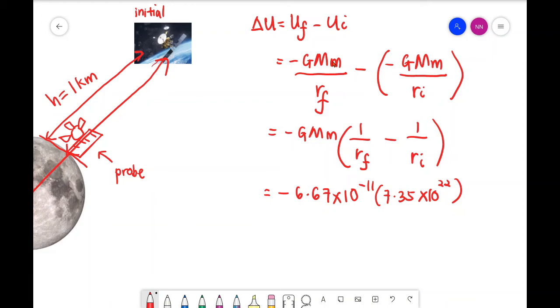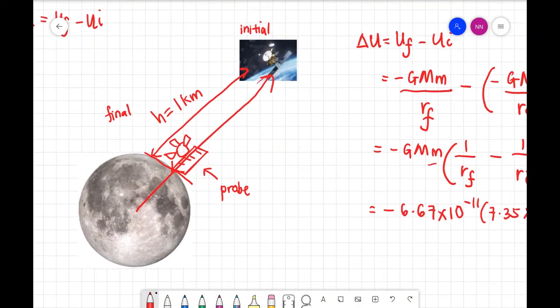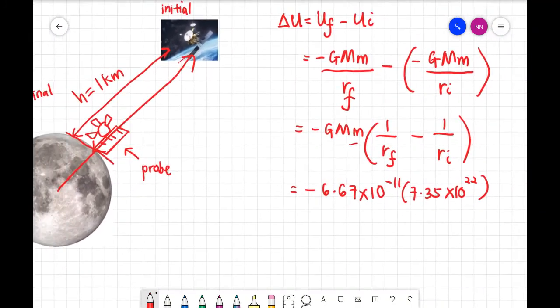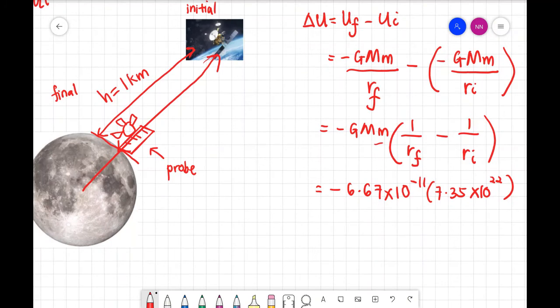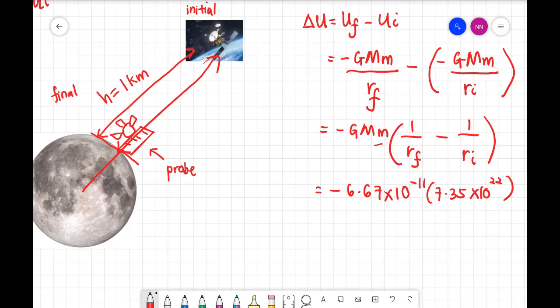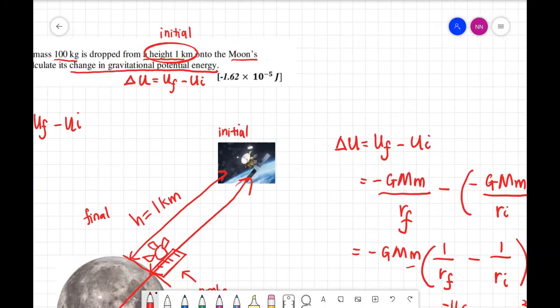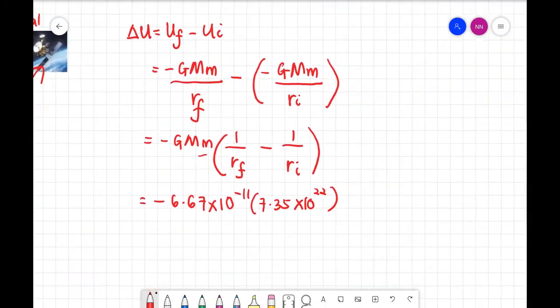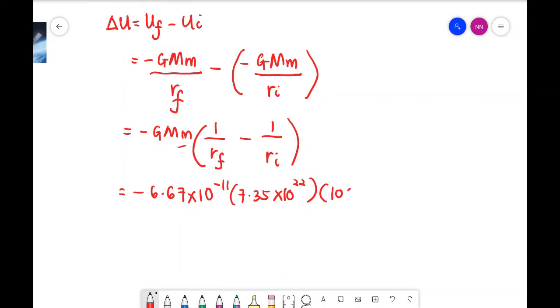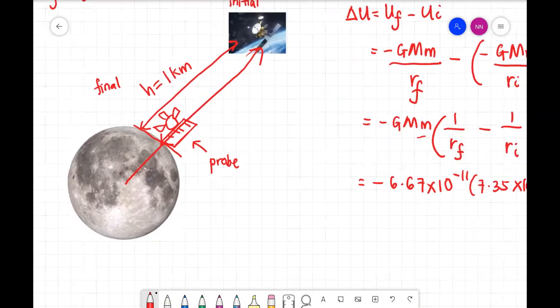And then small letter m is mass of the test mass. So test mass dalam soalan ni adalah probe. Okay, probe yang dijatuhkan daripada ketinggian 1 km ke atas permukaan moon. Okay, so mass of the probe is 100 kilogram. Okay, so substitute. Our final position dia adalah dekat atas permukaan bulan, on moon surface.